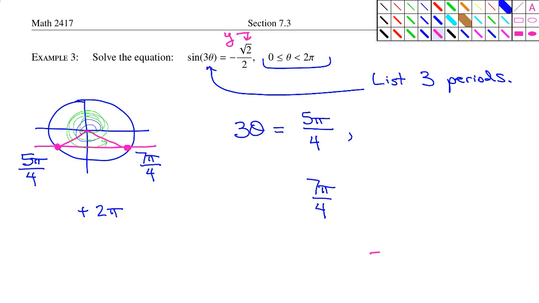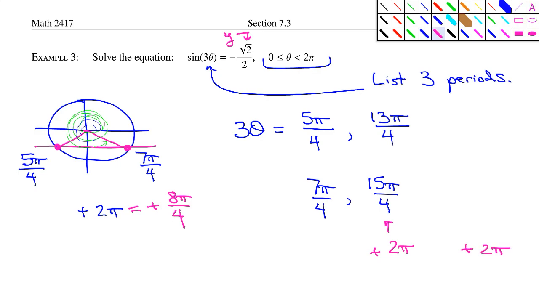Let's just say we're going to add 2 pi to each of these answers above to get the new ones. Since we're dealing with fractions of 4, 2 pi is actually 8 pi over 4. So you want to add 8 to the numerator. 5 and 8 is 13, so that's 13 pi over 4. And 7 plus 8 is 15, so it's 15 pi over 4. That takes care of the second rotation.